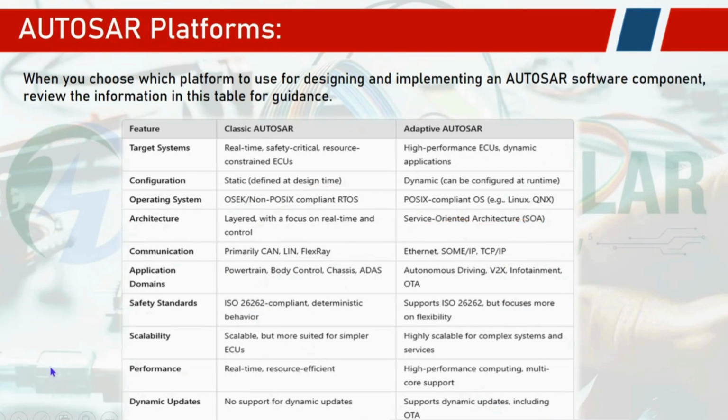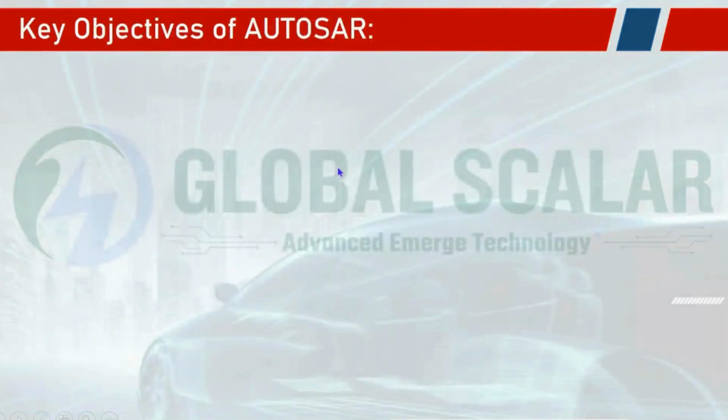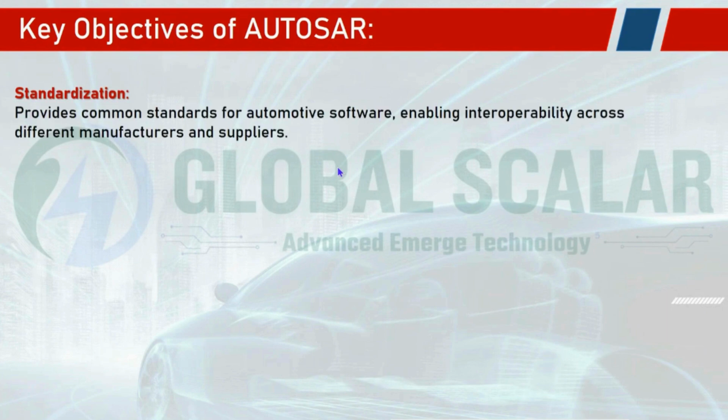So these are the two major Autosar platforms. It should be understood. And for Autosar, the common element is the architecture layer, which we need to understand in detail. Before understanding that, what are the key objectives of Autosar? Standardization: it provides common standards for automotive software, and it enables interoperability across different manufacturers and suppliers.